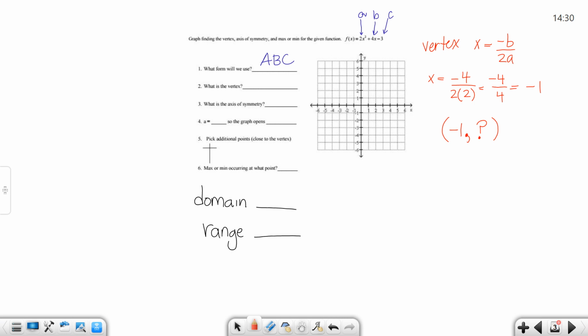The way that we find our y value is we plug in the x value. So we're going to plug into the function x equals negative 1, and that'll give us our y value. So f of negative 1 equals 2 times negative 1 squared plus 4 times negative 1 minus 3.